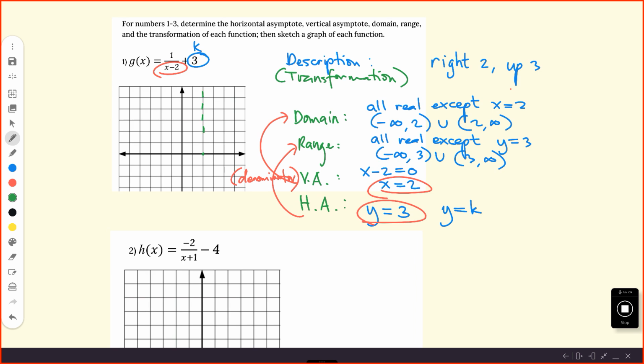And so we can draw a vertical line at x equals 2. So this is your VA, vertical asymptote x equals 2. Why does it need to be dotted? As long as that's your boundary line, we're just going to use dotted lines because we're not including that, right? If it's solid, that means we're including the line.